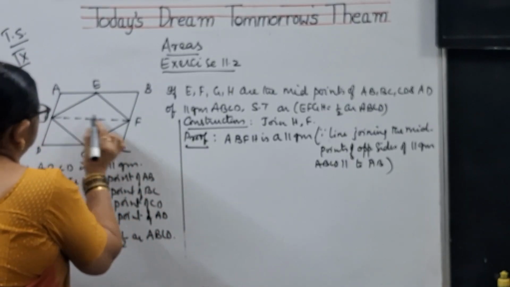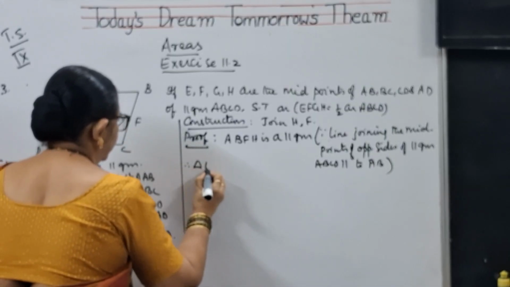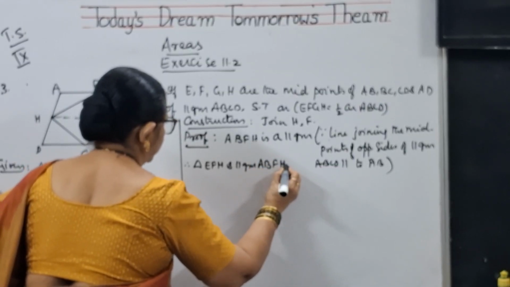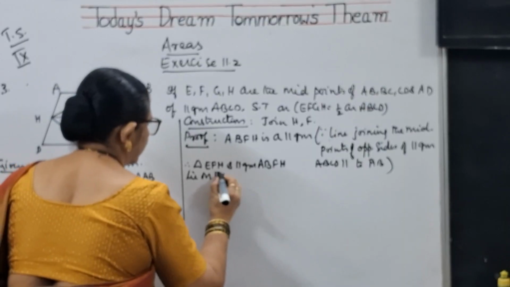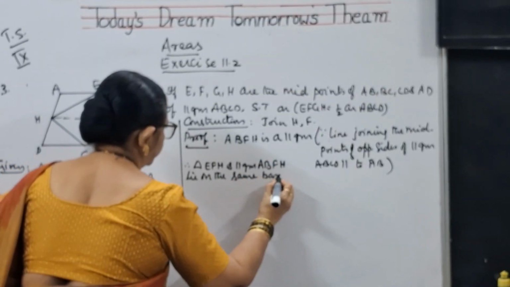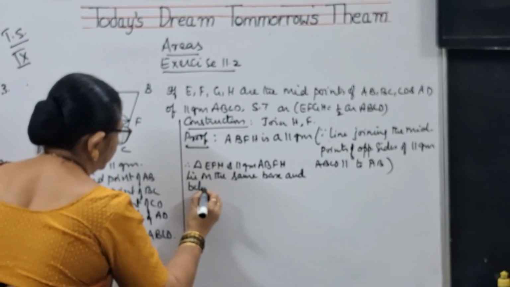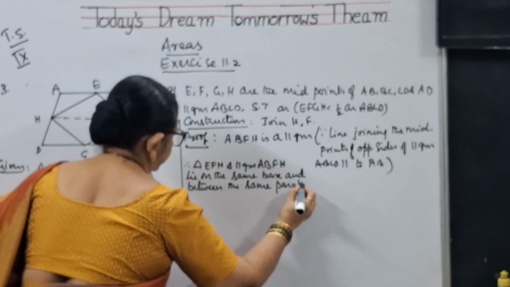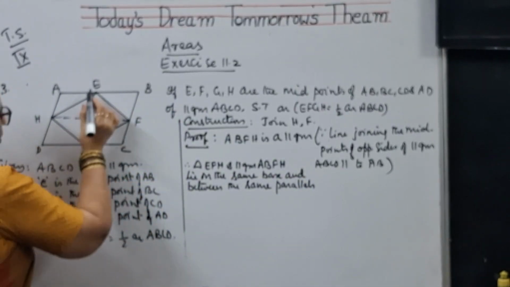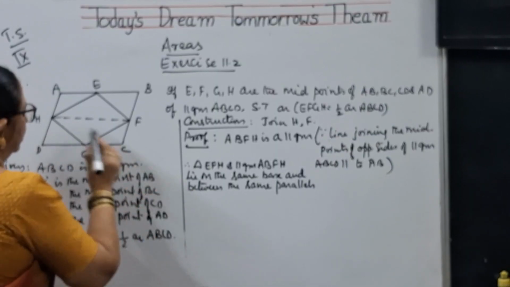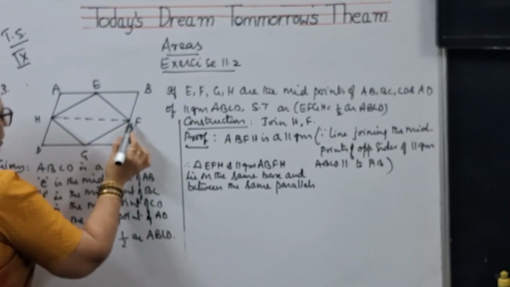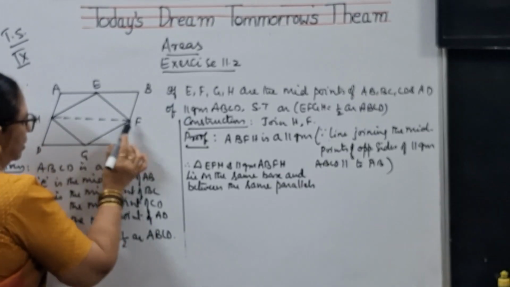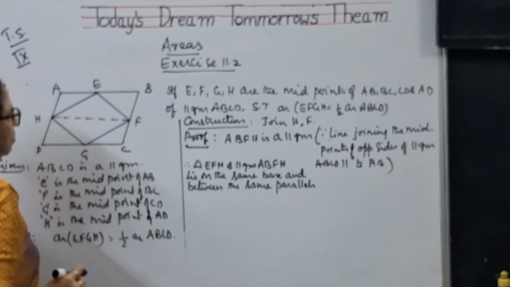And so because of this, what is happening? You are getting a triangle. Therefore, triangle EFH and parallelogram ABFH lie on the same base and between the same parallels. See children, EFH is a triangle. ABFH is a parallelogram. These two are lying on the same base FH, and between the same parallels, AB and FH.